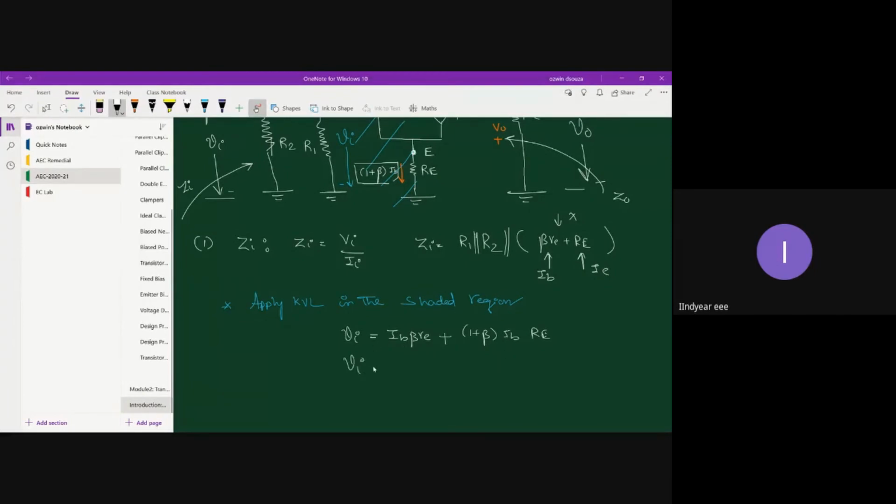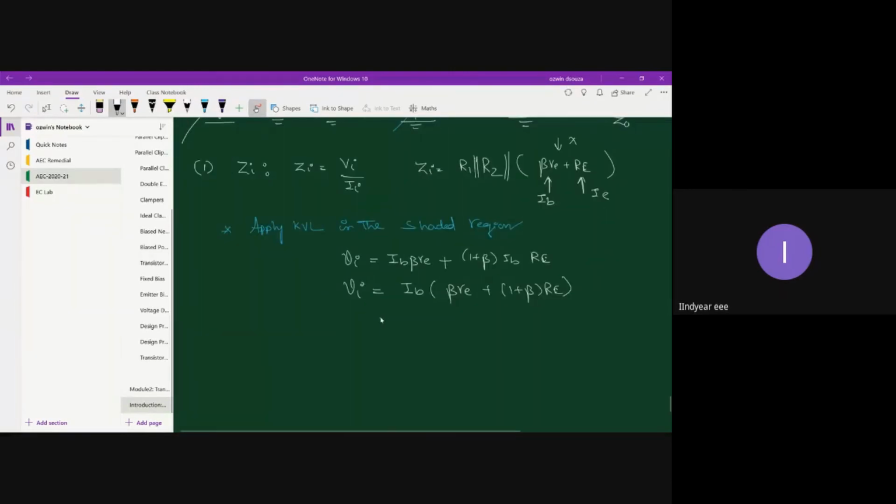Hence, I can take VI as IB, let me keep IB outside the bracket, times beta RE plus (1 plus beta) times capital RE. Or let me take the ratio VI by IB and define this ratio as the base impedance ZB. So ZB is going to be beta RE plus (1 plus beta) times RE.